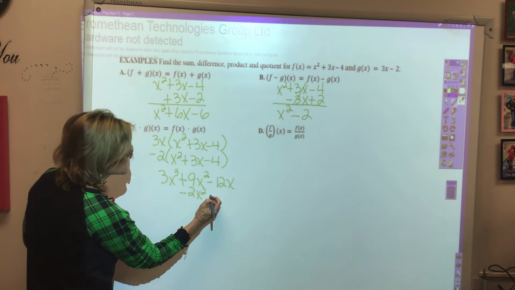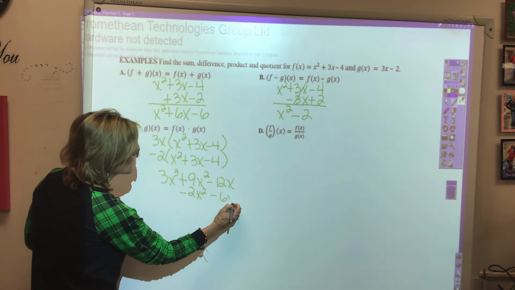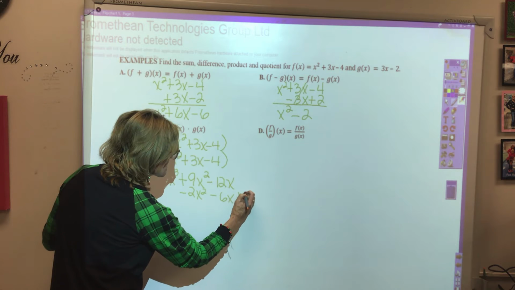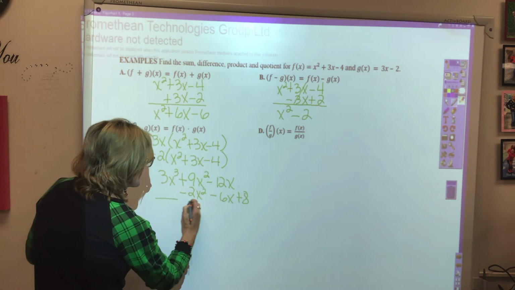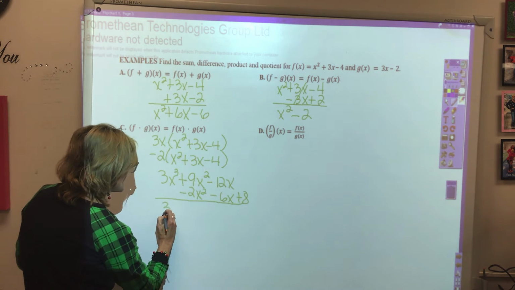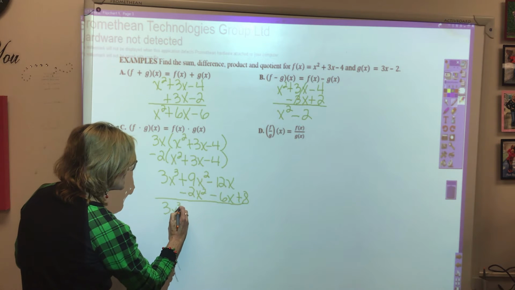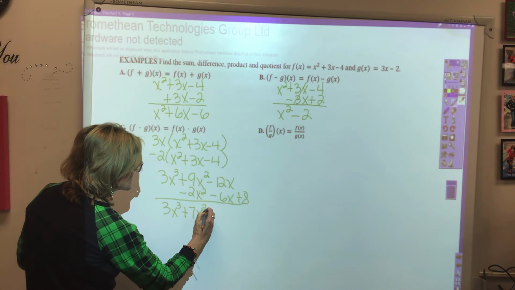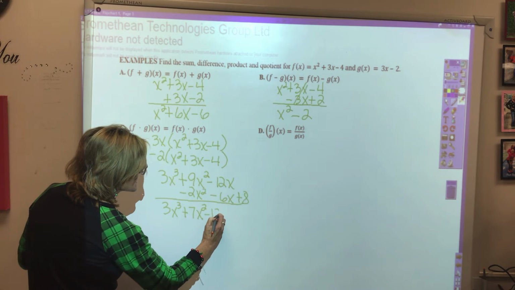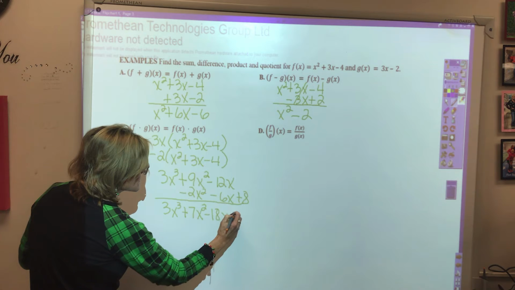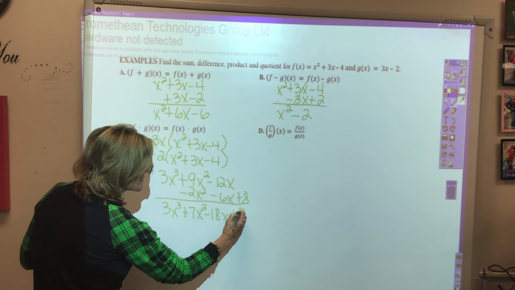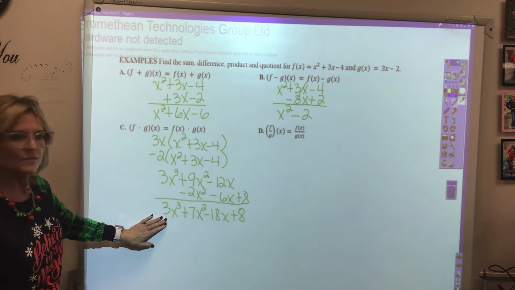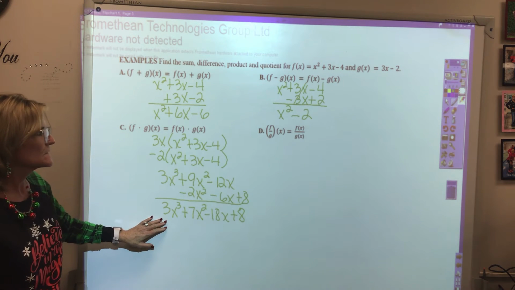Negative 6x goes underneath the minus 12x, and plus 8. So I will have 3x cubed plus 7x squared minus 18x plus 8. And that will be my answer for the product of the functions.